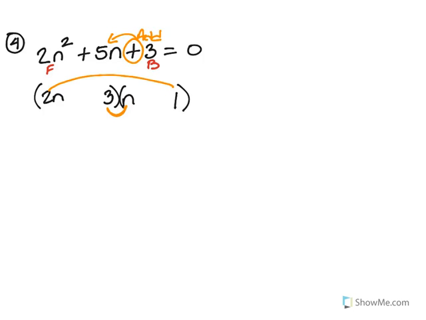So 2n times 1 would give us 2n. And then 3 times n is just 3n. And we all know that 2 and 3 added together is 5. So that works. Now, 5 is positive. So if we're adding, everybody has the same sign. Plus, plus.